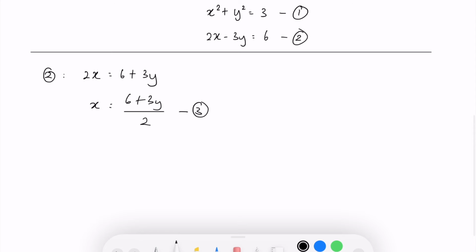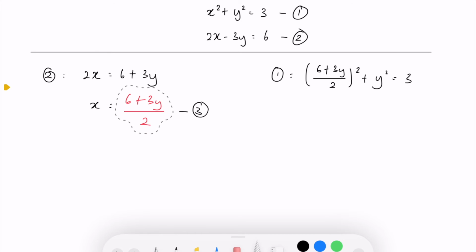So in equation 1, that's x squared. So 6 plus 3y over 2 squared plus y squared equals 3. That's the question. I just replaced the x's. I replaced this x.